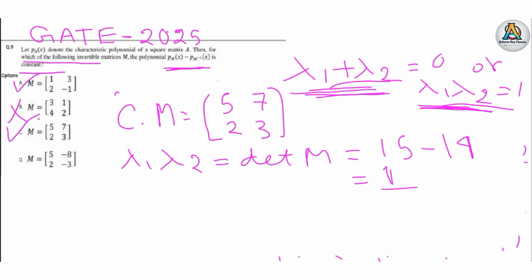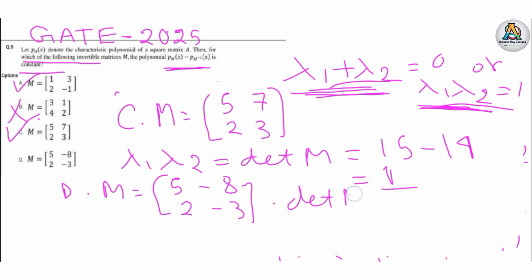Now for option D, M is equal to [5, minus 8; 2, minus 3]. Here the determinant of M, which is lambda 1 into lambda 2, is equal to minus 15 plus 16, which is equal to 1. So here also one of the conditions is satisfied.